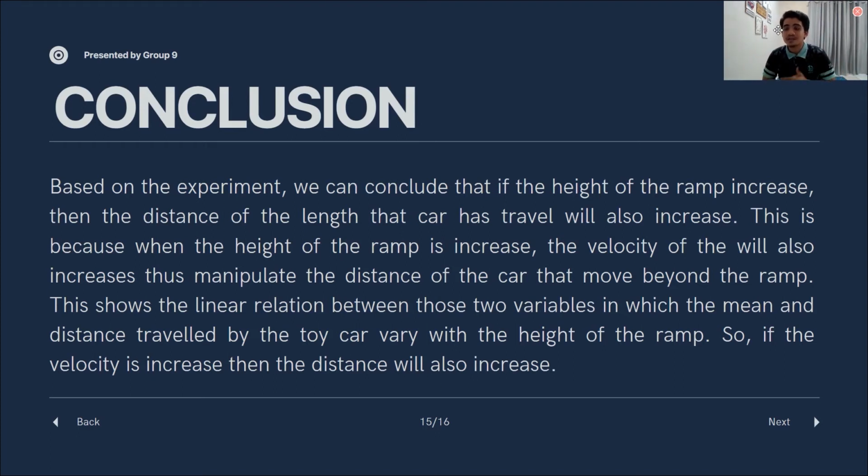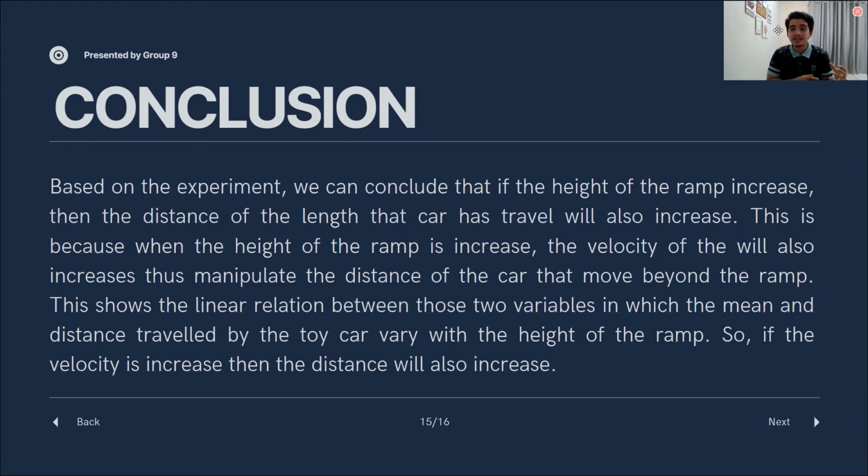Okay, so the result is like my friend said before, and the conclusion based on the experiment is that when the height of the ramp is increased, the distance the car will travel will also increase. This is because when the height of the ramp is increased, the velocity of the wheel also increases, which affects the distance the car moves beyond the ramp.